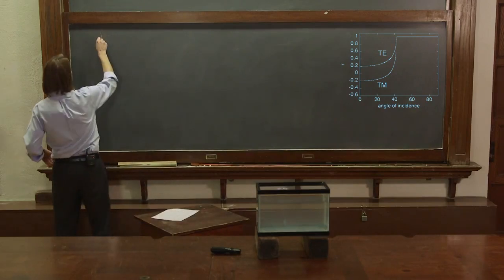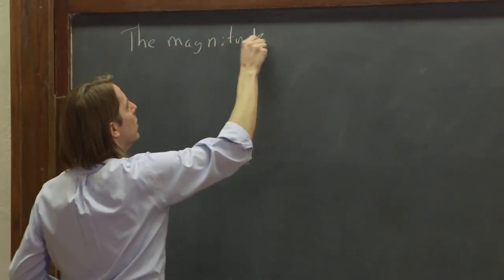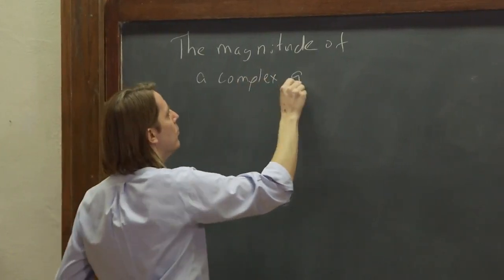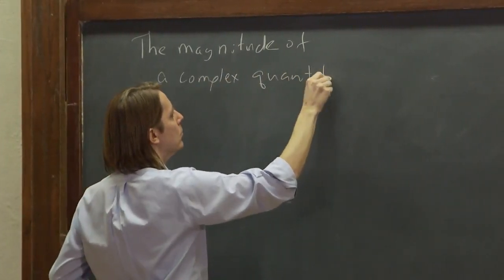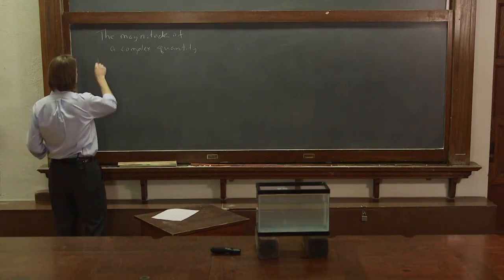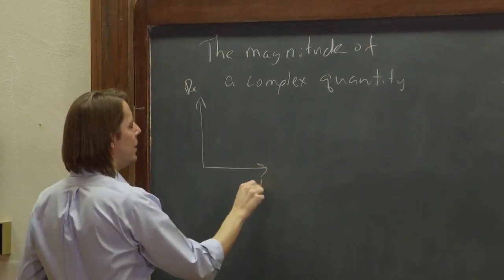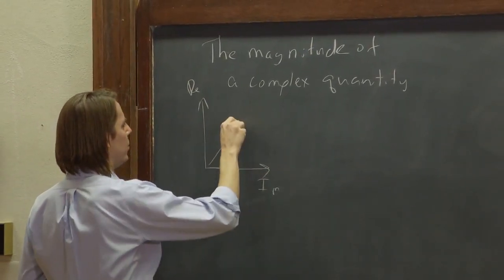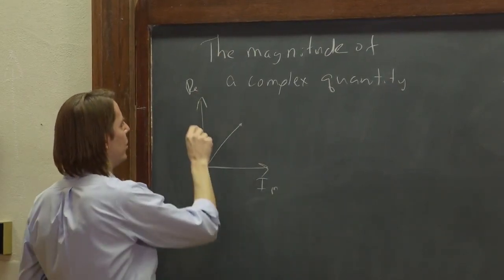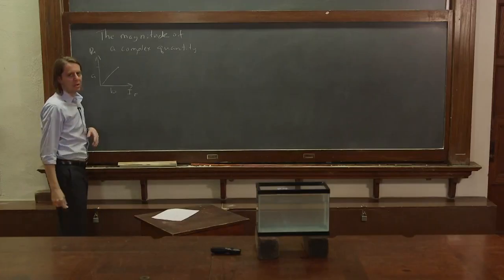Let's get the magnitude of a complex quantity. Remember, way back, when we first introduced the complex plane, we had the real axis and the imaginary axis, and we had something called r conveniently. And we said r is just this complex number where you're at height a on the real axis and b on the imaginary axis.